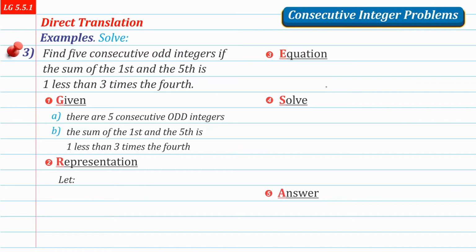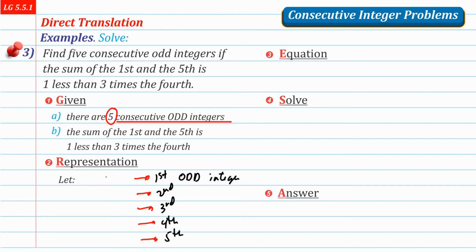Next: find 5 consecutive odd integers. Five, and odd pa. Let's put them right away: 1, 2, 3, 4, 5. This is the first odd integer, then second, third, fourth, fifth. If the first odd integer were x, what is the second?